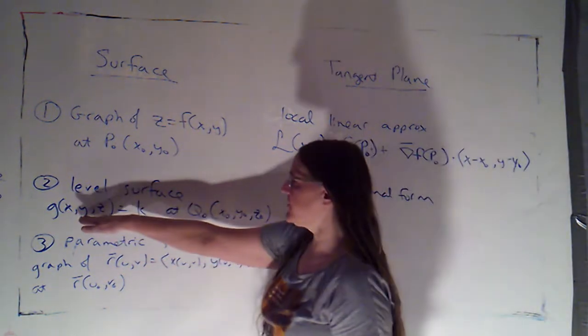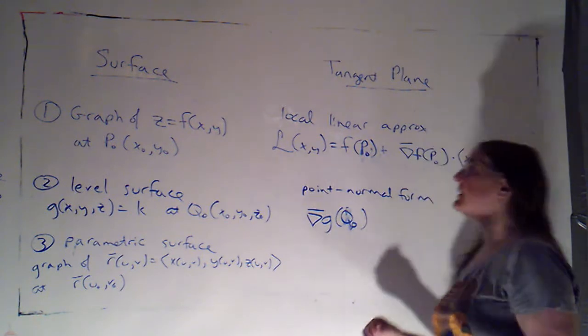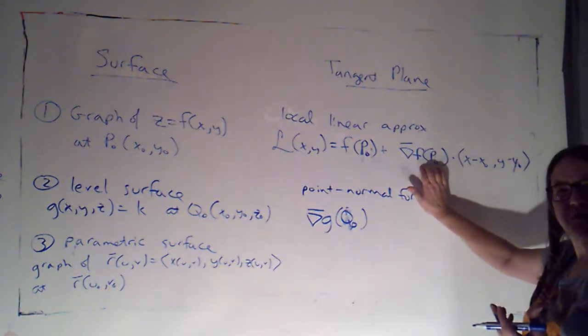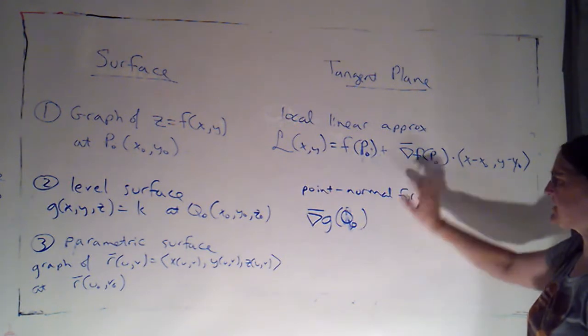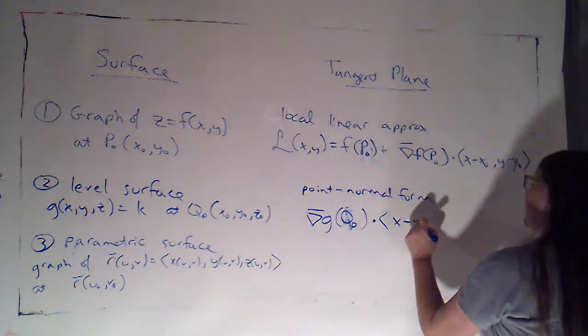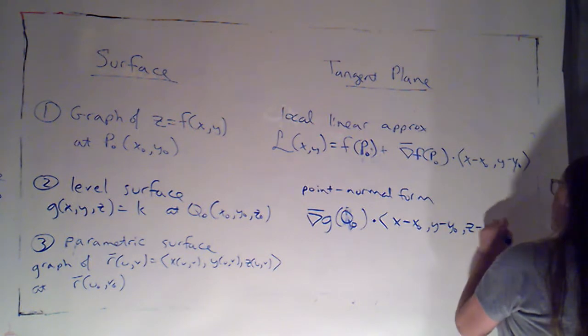Notice when I have a function of 3 variables, the gradient will be a vector in 3 space. When I have a function of 2 variables, this gradient is a vector in 2 space, so there's no way it could be normal to a surface in 3 space. But here this is, and I would just dot this with x minus x naught, y minus y naught, z minus z naught.